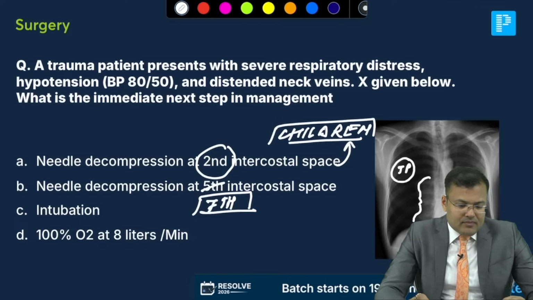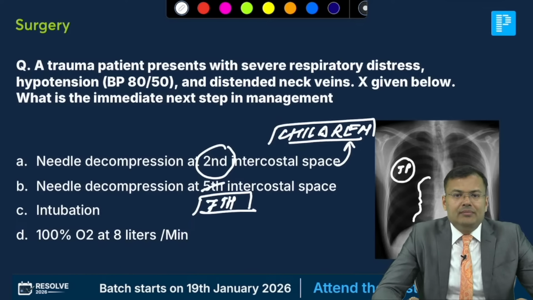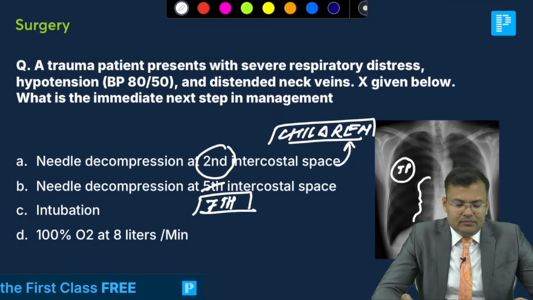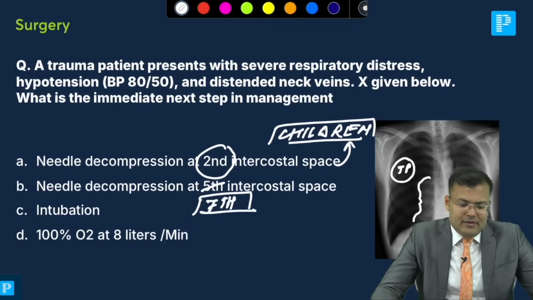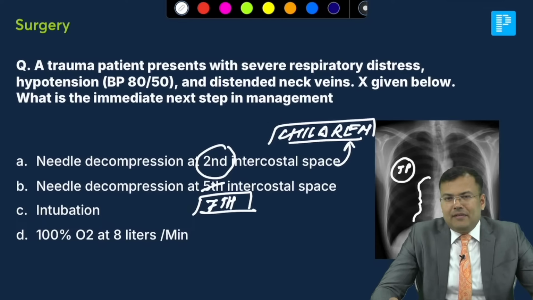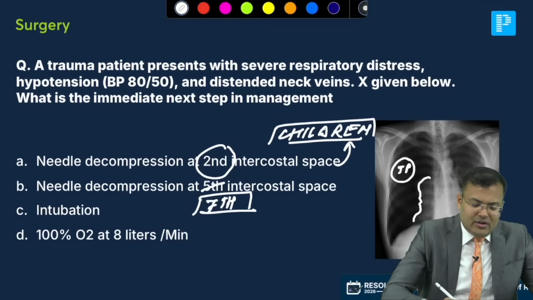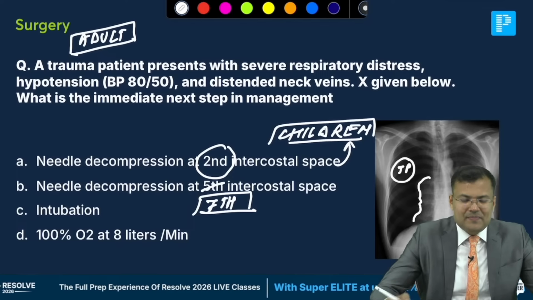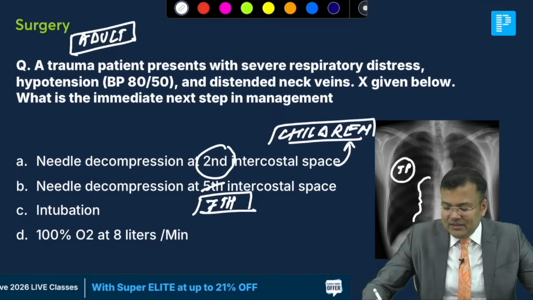If it is a child, then 2nd; adult, 5th. It was an adult patient, so if 5th is not there, obviously go for 7th, right? But that's not correct.